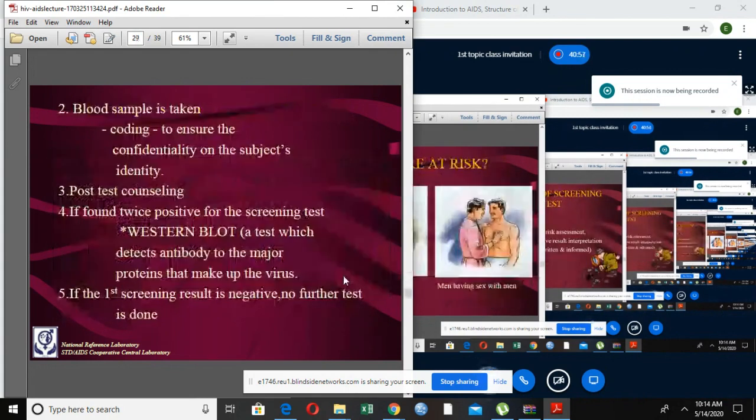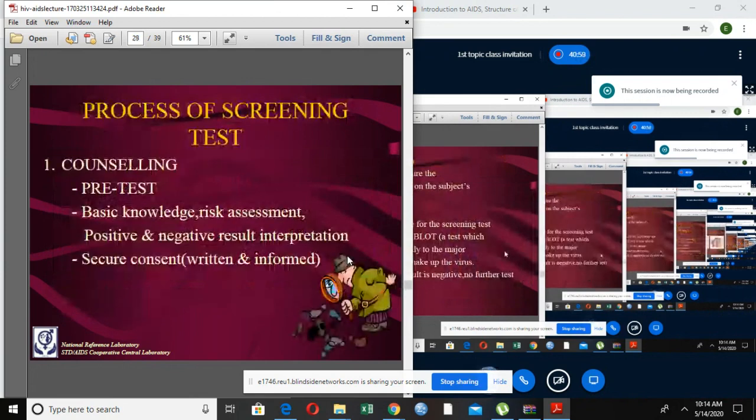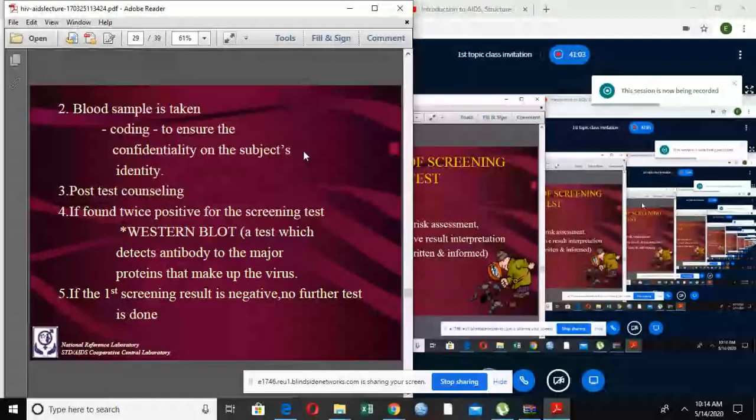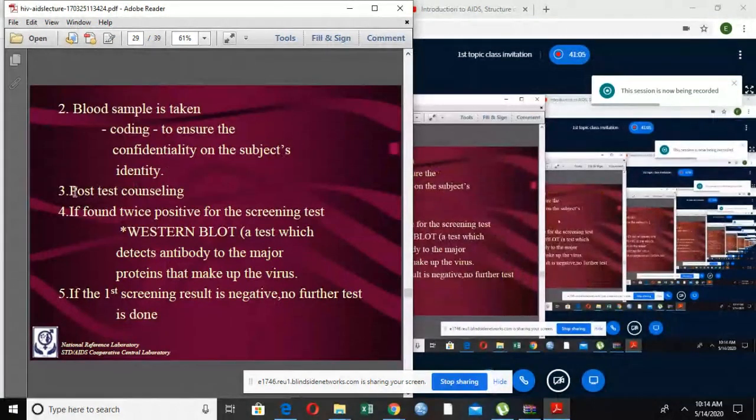Then we have the process of testing here. We have counseling. Then you have blood samples taken. Then we have post-test counseling. After you've tested, the person is also supposed to be counseled on what to do if they are positive, and what to do if they are negative.